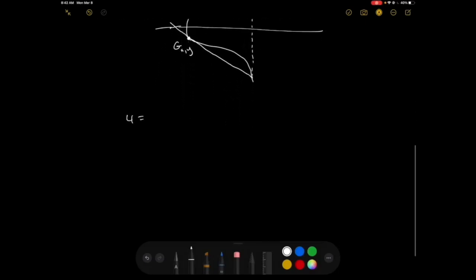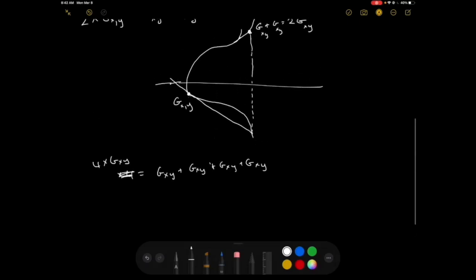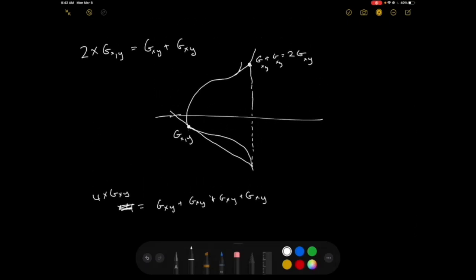And so 4G is going to be just G plus G, and you would repeat that procedure again.